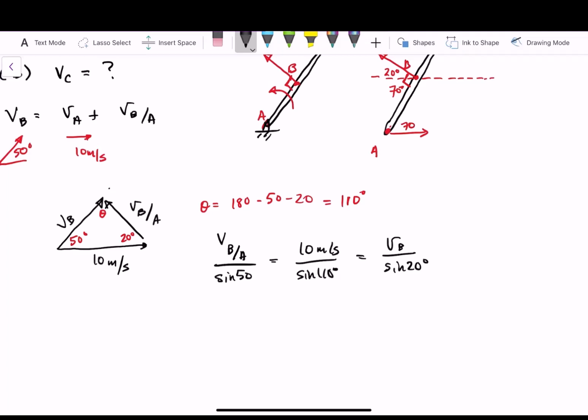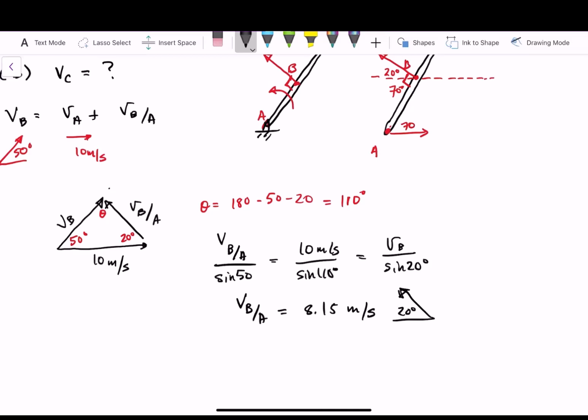Okay, so now we can solve for, well, if we start with VB with respect to A, I should say, that's equal to 8.15 meters per second. We know that that's going up at an angle of 20 degrees.